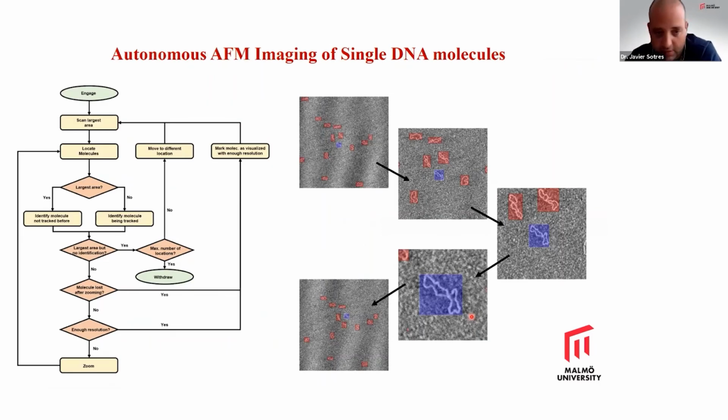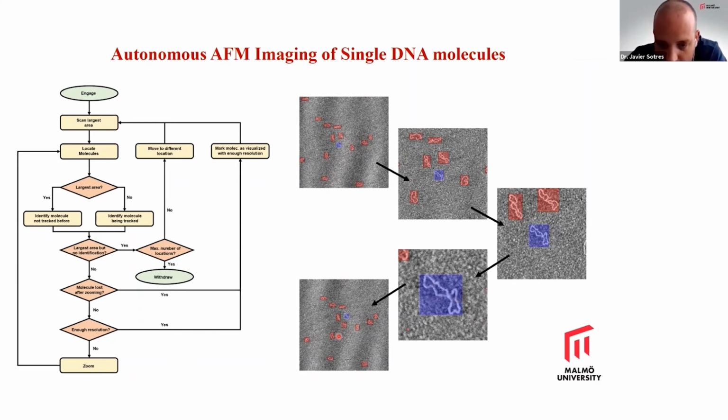So we embedded everything into an algorithm for these experiments, which very briefly works as I mentioned in the beginning. The AFM engages, scans a large area, locates the different molecules, selects the one closest to the center, and keeps focusing on this molecule until we reach some threshold that we defined as enough resolution.